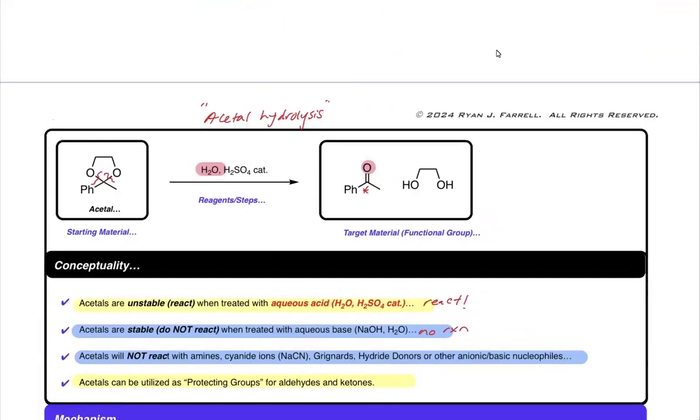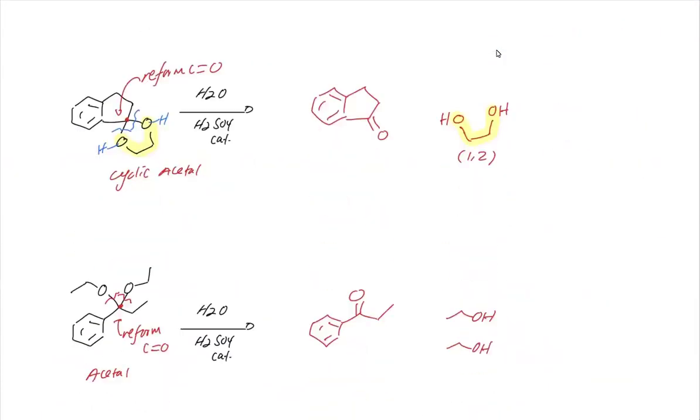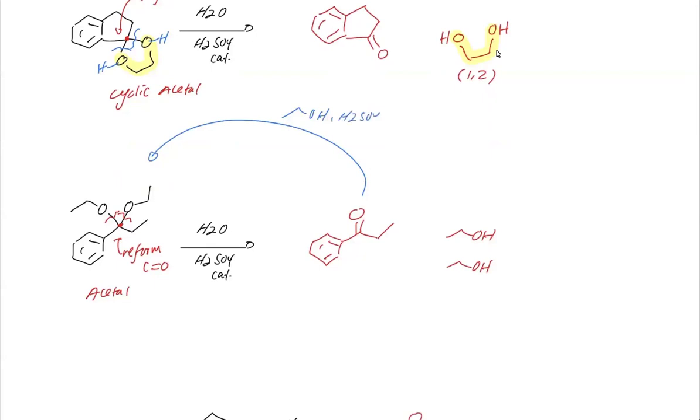Now, you'll often see the cyclic acetal referred to as a protecting group, but I want to clarify that really any acetal is technically a protected former carbonyl, meaning if I were to react this right here with ethanol and catalytic H2SO4, that would generate an acetal, and I've effectively protected this carbon by generating the acetal.